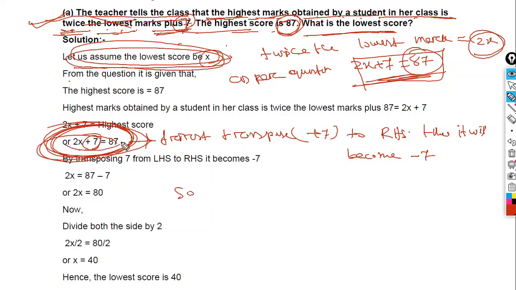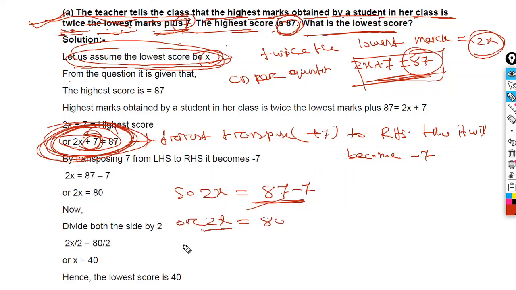So the equation was 2x plus 7. Now 2x equal to 87 minus 7, which is 80.